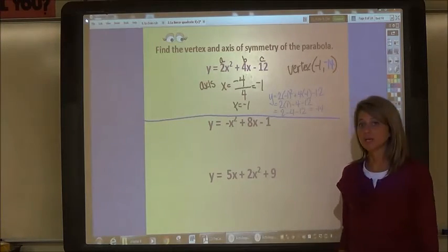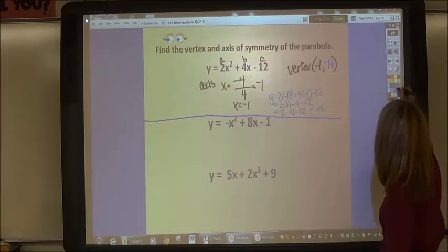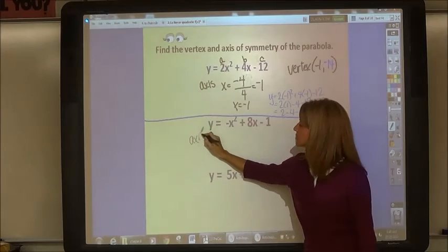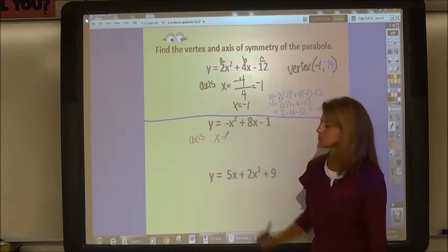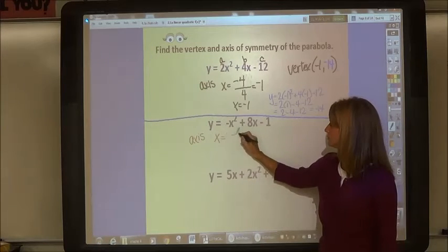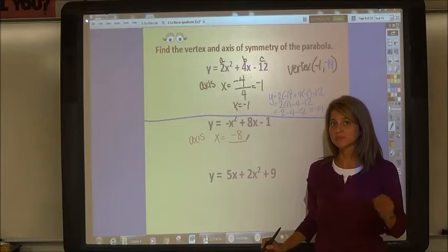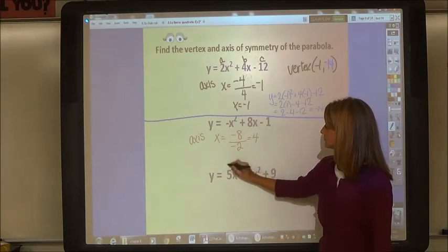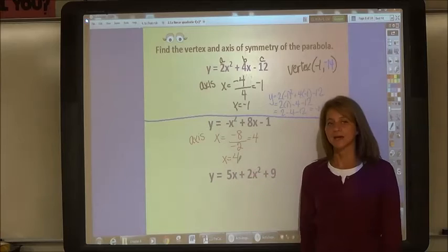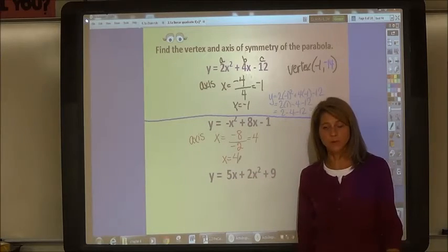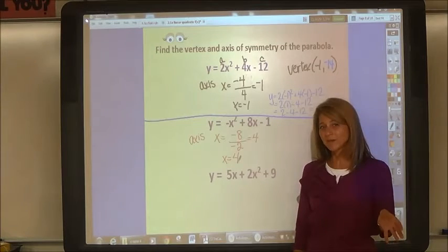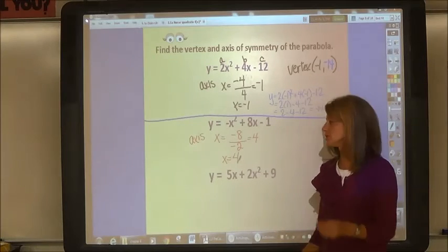Okay, let's do the second one. Finding my axis of symmetry first. X equals opposite of B over 2 times A, 2 times -1. Axis of symmetry is at x equals 4, so I'm going to have a folding line on x equals 4. To find the y value, throw that back in your equation.